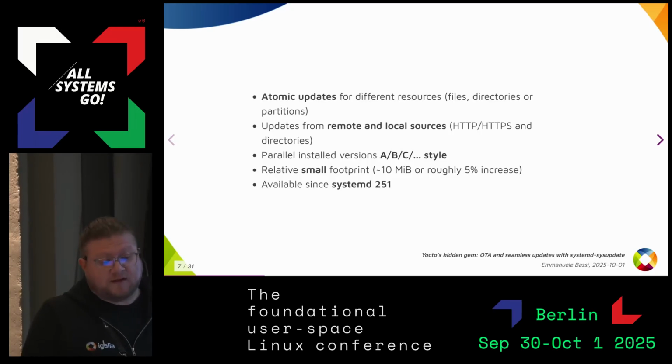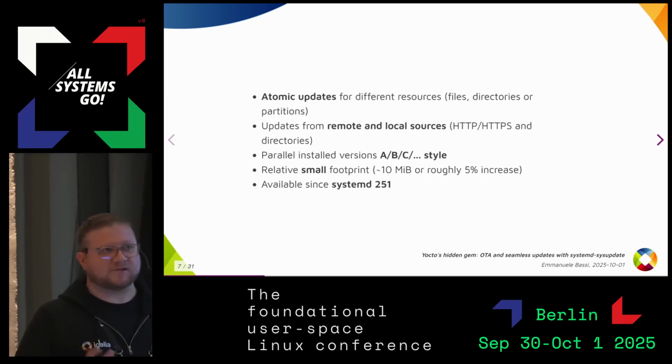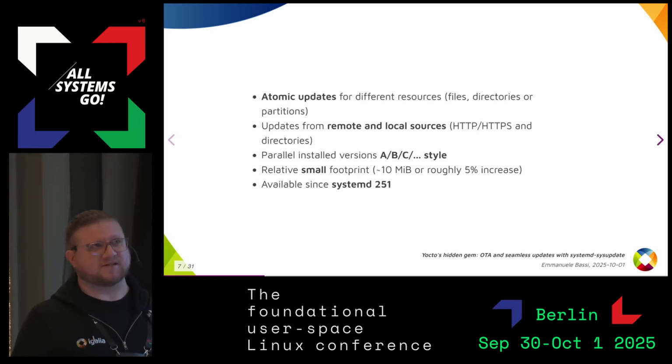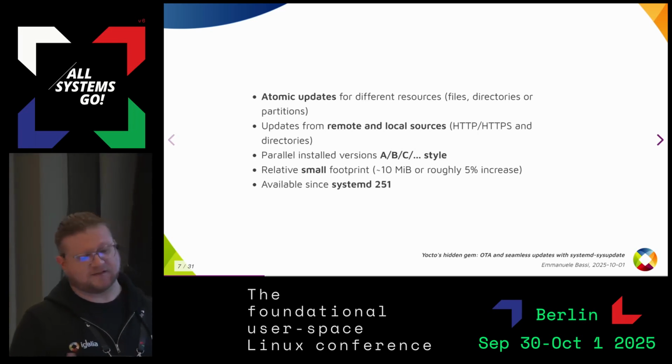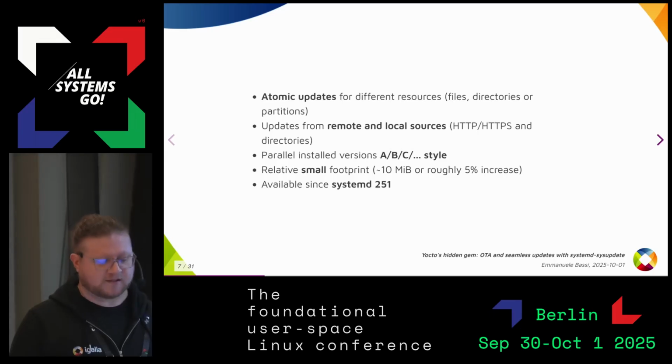The important thing is that it has a relatively small footprint on the final image. Roughly, if you take the minimal image possible, it adds about 5% more space. So the smallest possible image is less than 50 megabytes. This one adds about 10.